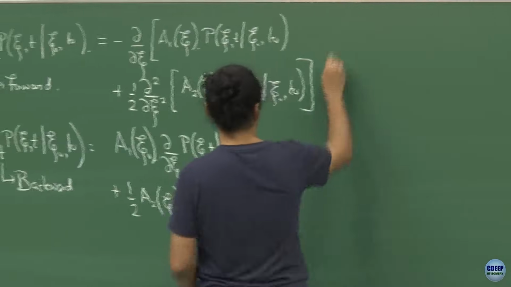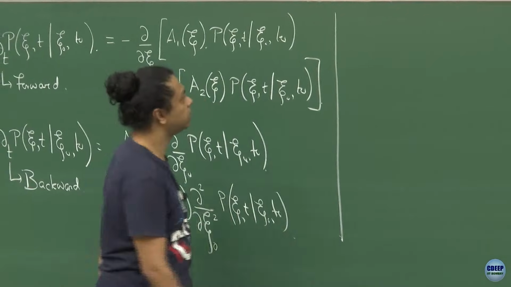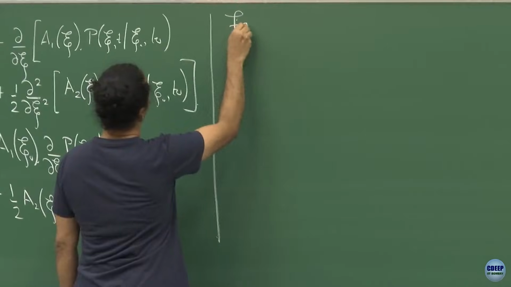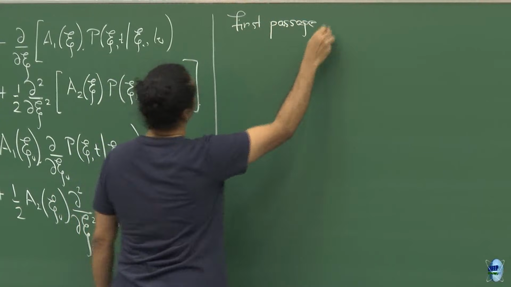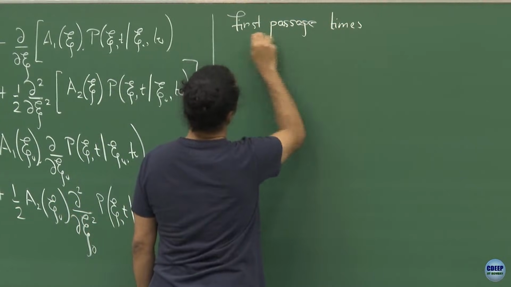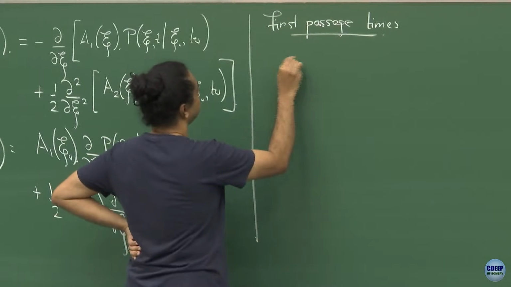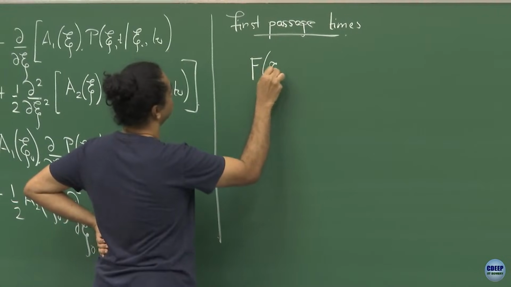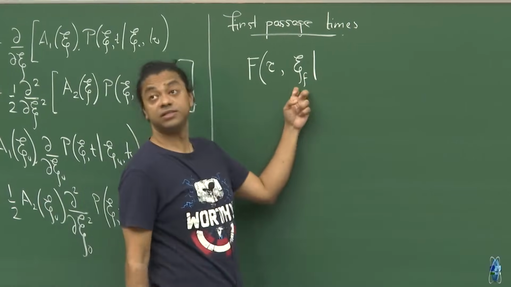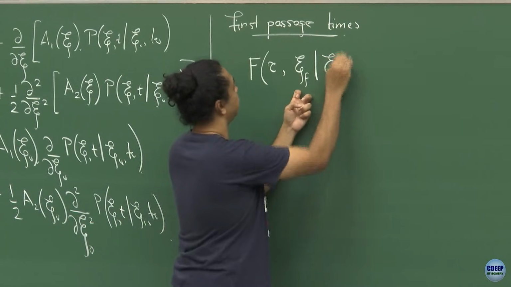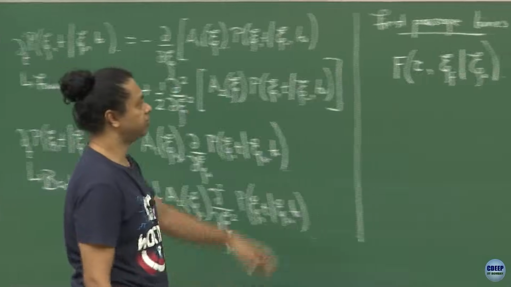Okay. So then what we said is that we'll look at first passage times. Essentially what we want is the distribution of first passage times f of tau, where the system reaches this final state for the first time, starting from some given initial state. So this is the probability density.